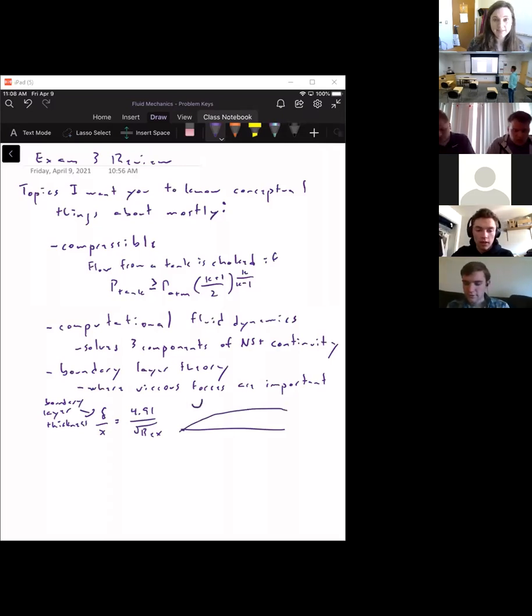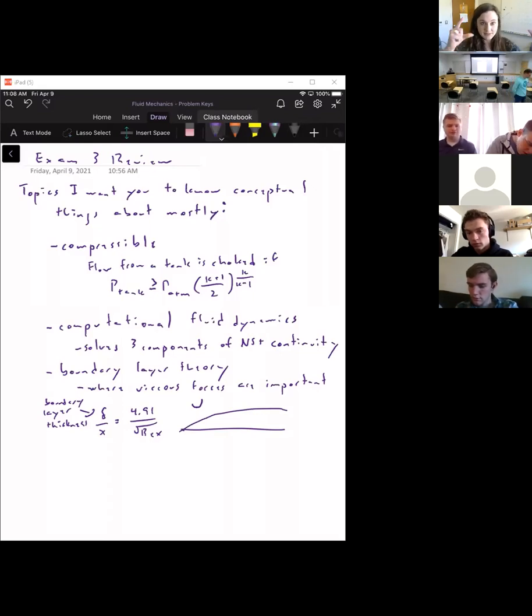So U is the velocity up there. And this tells us a few things, like the boundary layer will get wider as you go along the plate. If flow is faster, the boundary layer will get thinner.